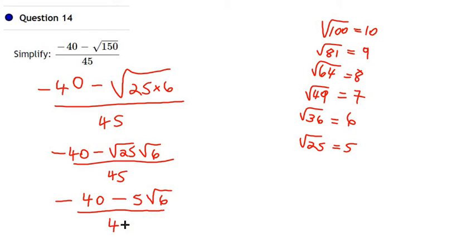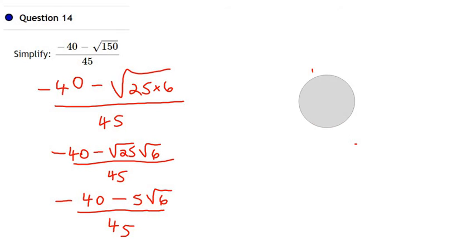And now we can try to simplify this fraction. Now, when you simplify a fraction, you want to make sure that you're not canceling terms. You're not canceling things that are being added and subtracted, like these are being subtracted from each other, right? So we want to make sure that we're only canceling common factors.